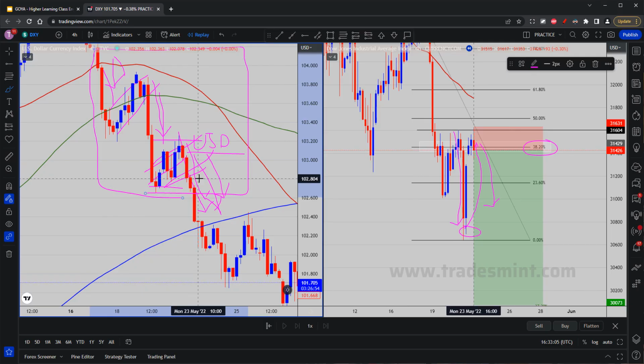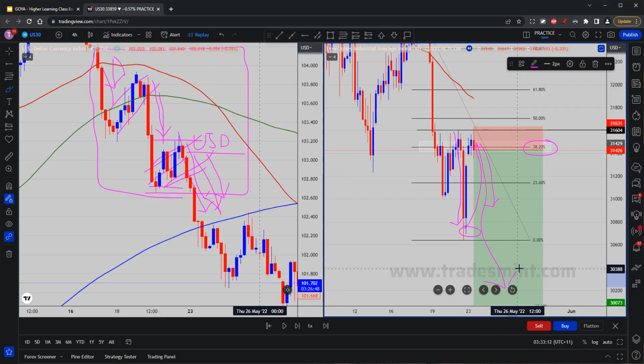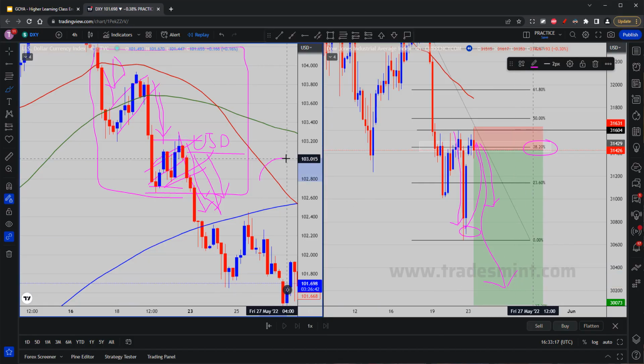So if DXY is depreciating, my US30, my Dow Jones, cannot go lower, because usually, like I said, when USD is being sold off, the money is going to be transferred to the other side. It's going to be transferred into gold, XAU, and into indices.